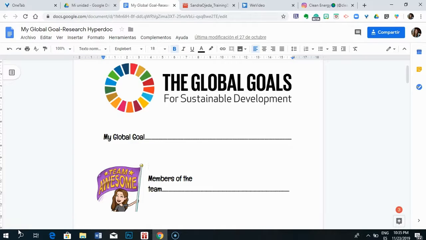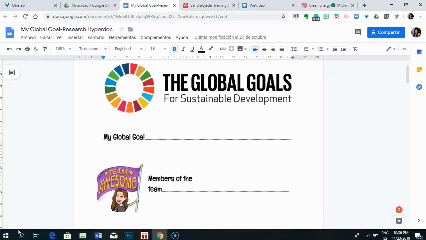I started working with the global goals 2 months ago. First, I introduced my students to this important issue by exploring the website globalgoals.org, in which they found relevant information about the global goals, their missions, and the possible solutions to achieve these goals by 2030.